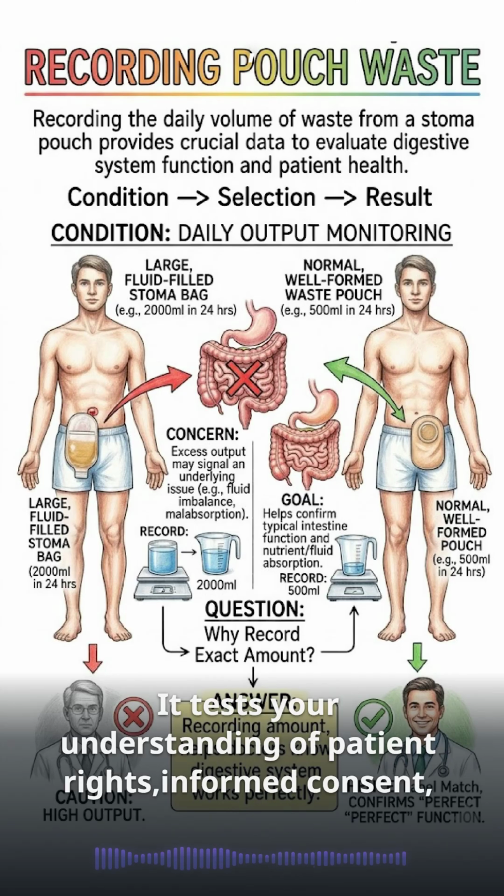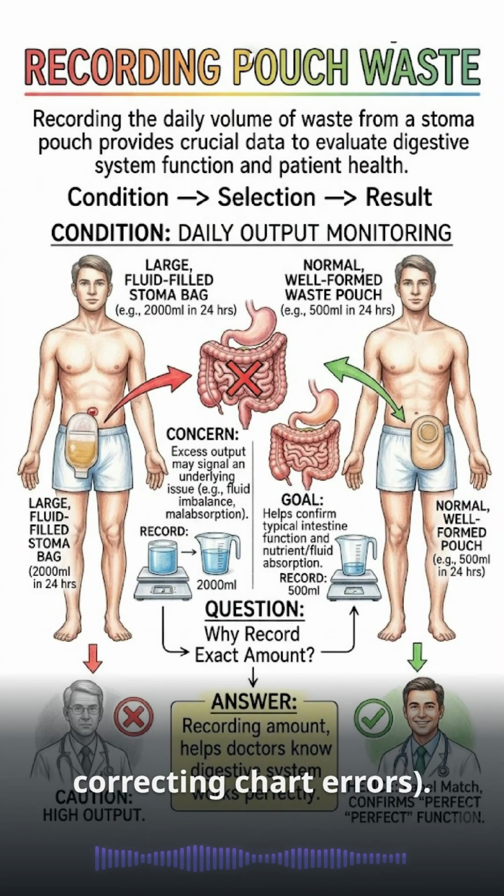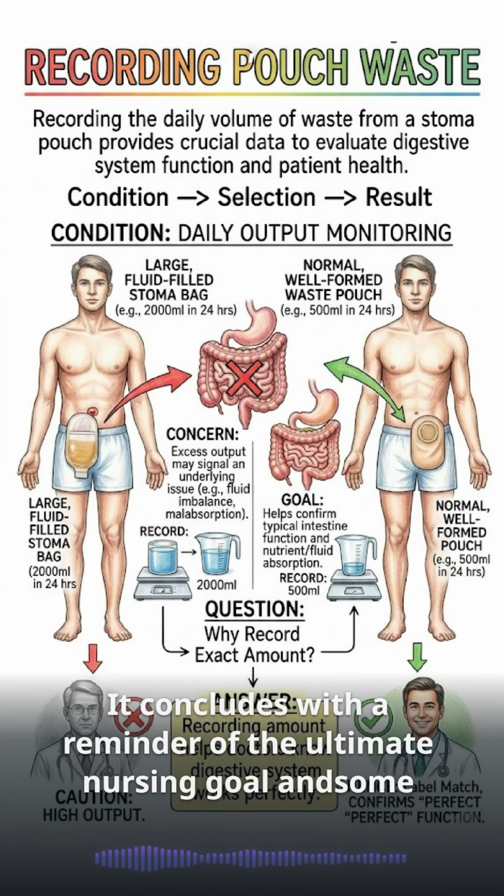It tests your understanding of patient rights, informed consent, the legal definition of battery, and strict, legally sound documentation standards, such as avoiding size estimations, banning whiteout, and properly correcting chart errors. It concludes with a reminder of the ultimate nursing goal and some final exam encouragement.